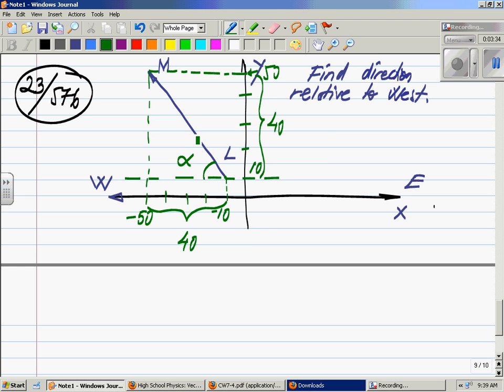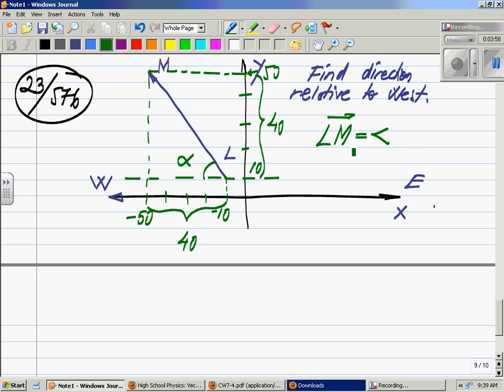Not ML, it is LM, right? So this vector LM will have what components? What is the horizontal component? The horizontal component is its projection on the horizontal axis, its length in this west direction, which is 40 units, right?